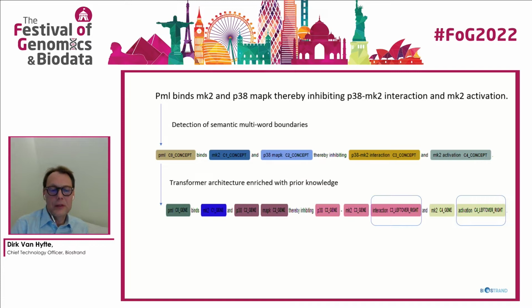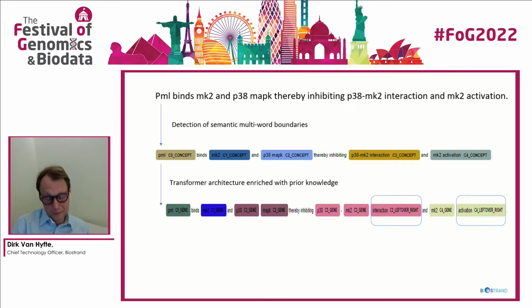And then you will see that most of these concepts are tagged with the high-level concept gene, so that's fine, that's good. But there are also parts, and you can see it indicated as leftover on the right. So the words interaction and activation are not tagged at all. So it's really not seen, not recognized by these BioBERT models.